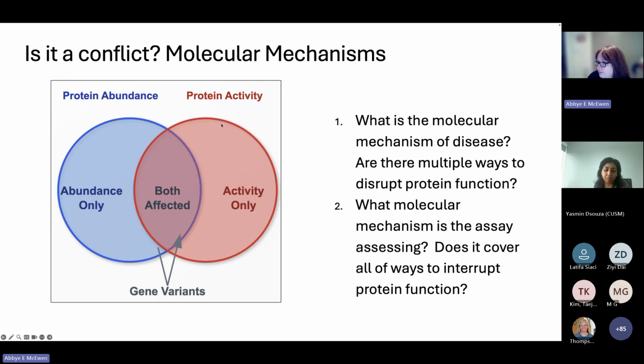The other assay is looking at protein enzymatic activity in this example. So you could mess up abundance and not mess up activity. Activity can be messed up by a variety of different ways. So if I have a conflict between the abundance assay and the activity assay, I'm going to call this not a conflict and move on.